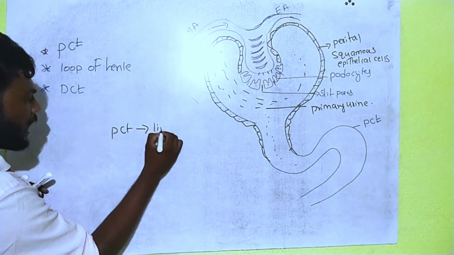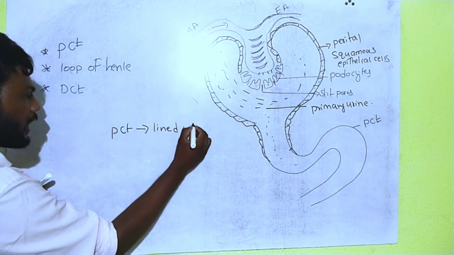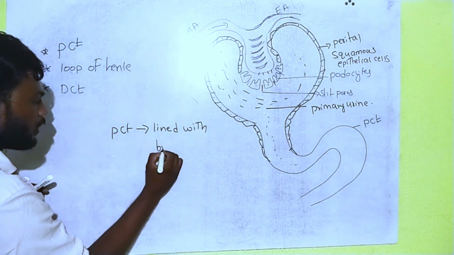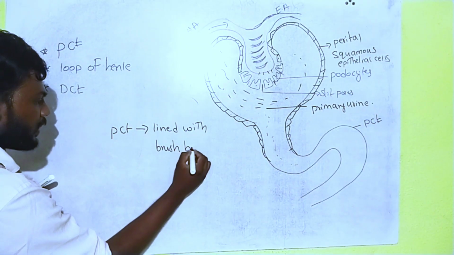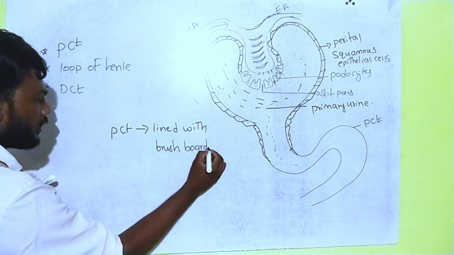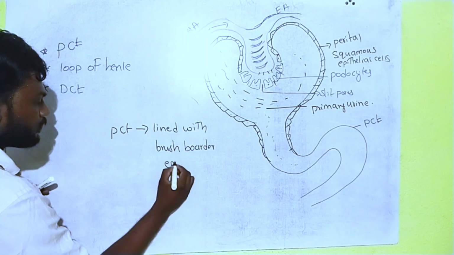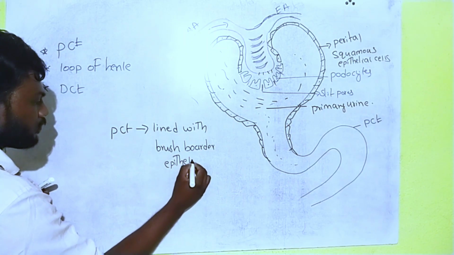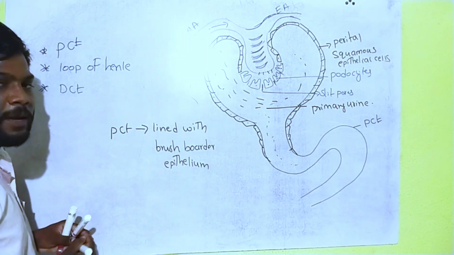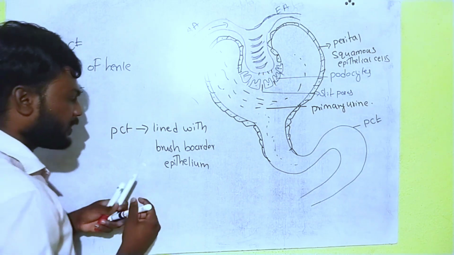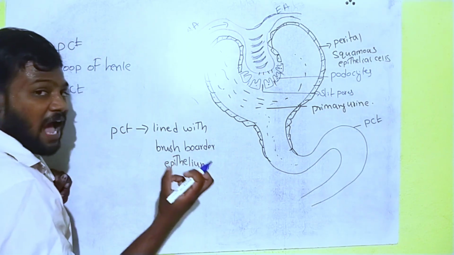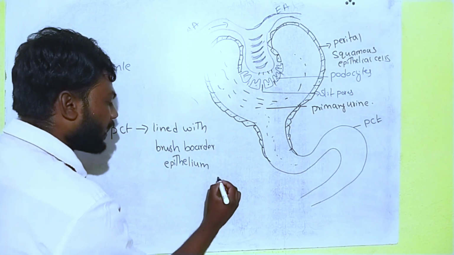The PCT is lined with brush border epithelium. Brush border epithelium means the cells have microvilli. Let us make a diagram.